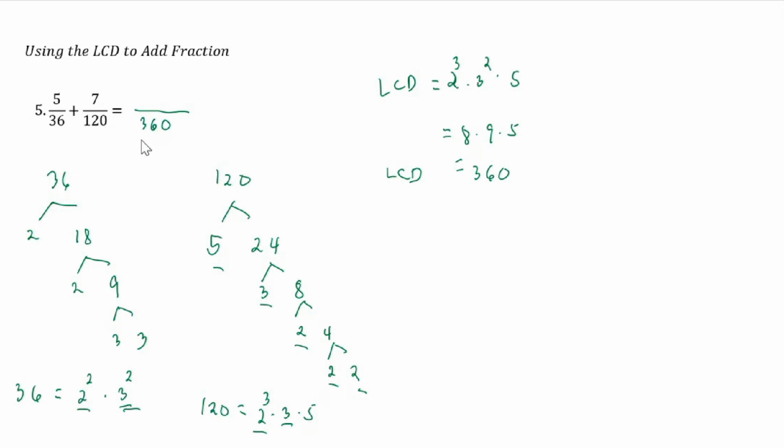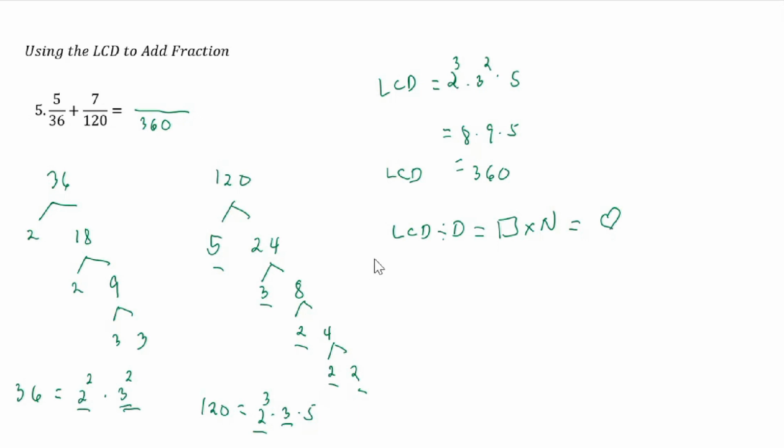All right. As I told you a while ago, the LCD will be divided by the denominator. Then whatever the quotient, times the numerator, that is the final answer.